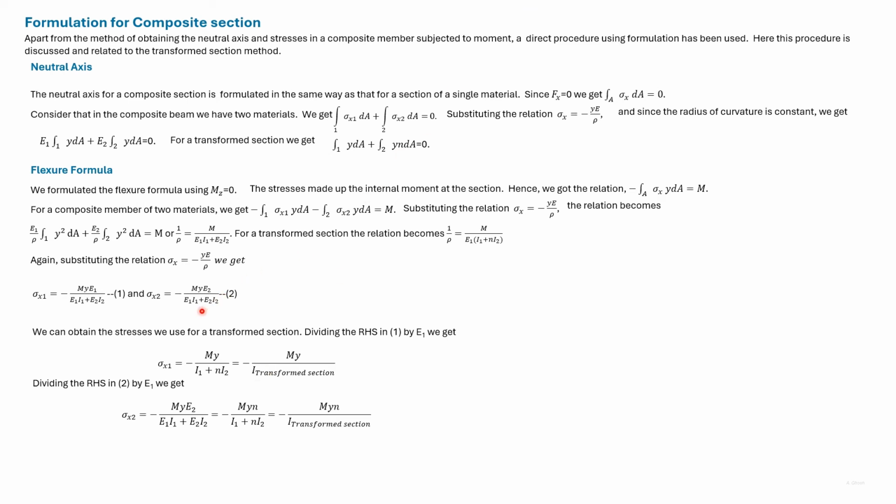Also, dividing equation 2 by E1 on the right hand side, we obtain sigma x2 is equal to minus nMy divided by the moment of inertia of the transformed section. These equations are the same as the equations we obtained earlier.